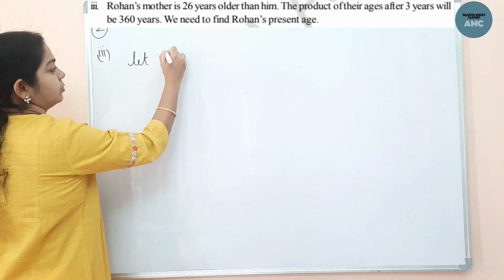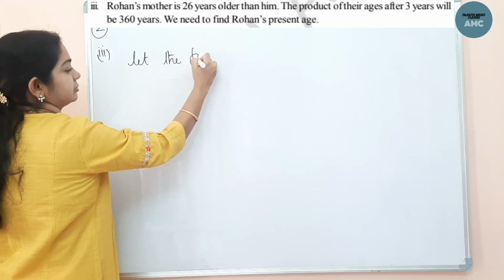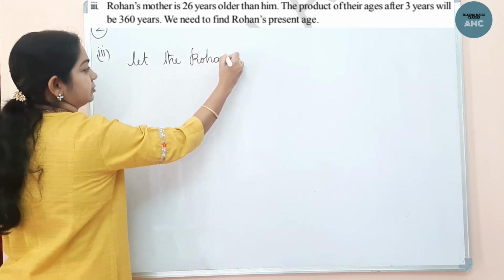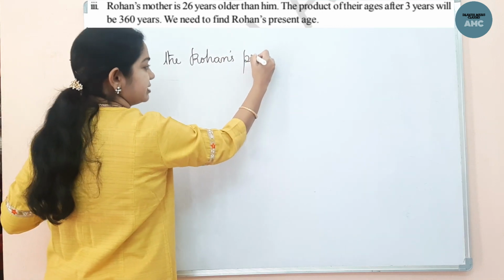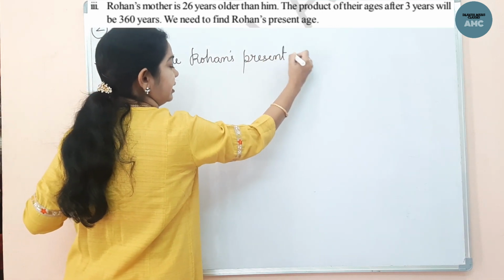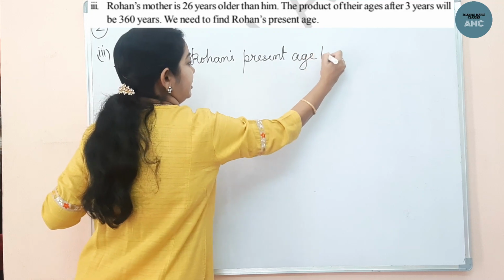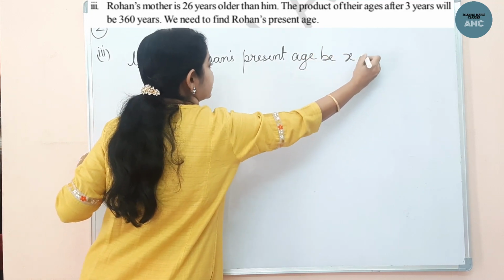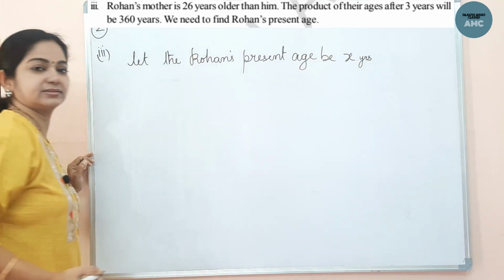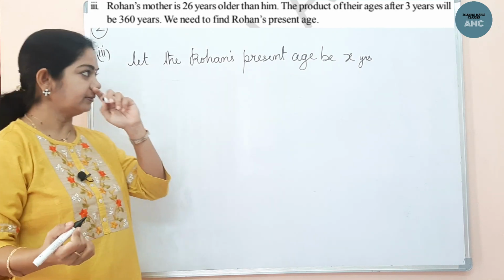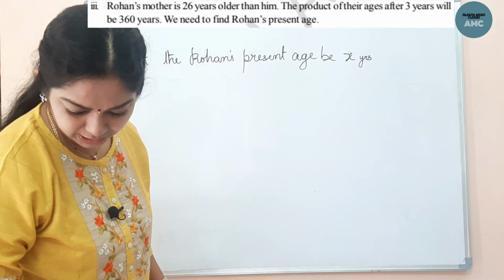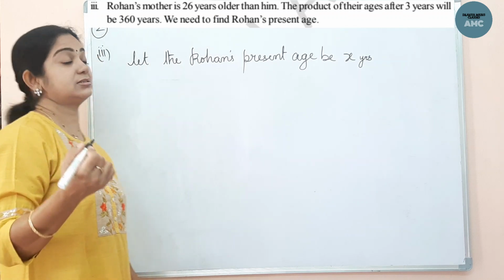Let Rohan's present age be x years, right? Some x. Now given in the problem that his mother's age is 26 years older than him.